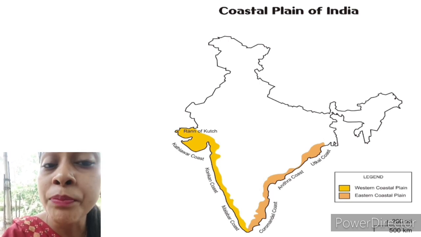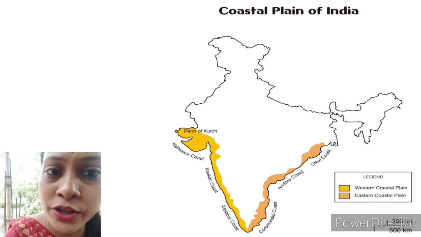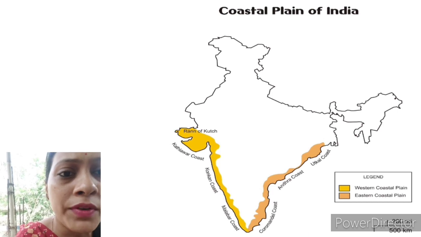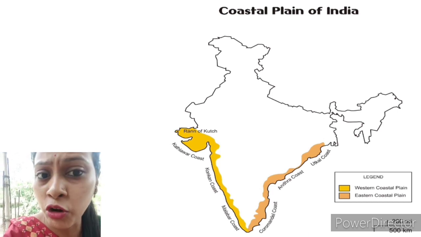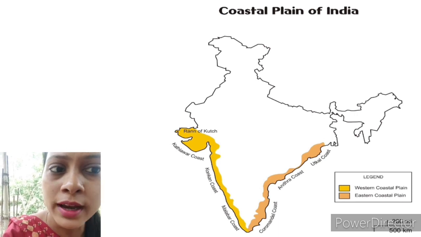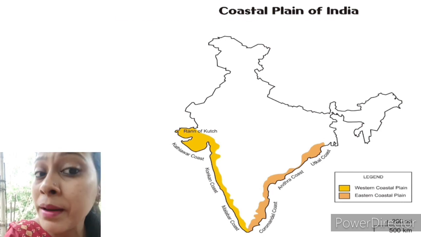Utkal Coast includes the West Bengal and Orissa part, and Andhra Coast includes the Andhra Pradesh coast, and the southern division is Coromandel Coast. So there are two major divisions, Northern Sircar and Coromandel Coast, and Coromandel Coast lies along the coast of Tamil Nadu.